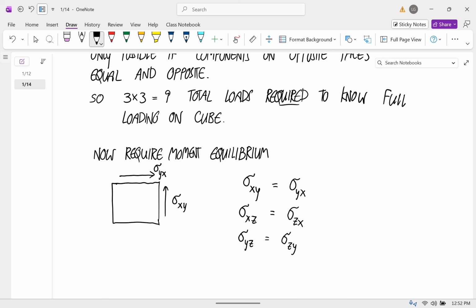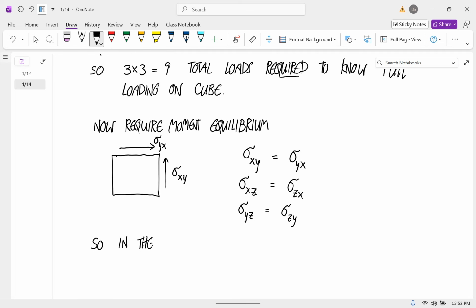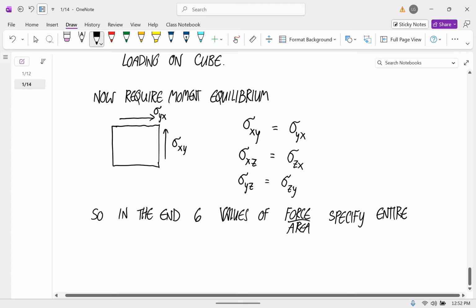Okay, so now how many more have we cut out? Yep, and so in the end, 6 values of force per area specify the entire loading on that infinitesimal cube, assuming it's in equilibrium.